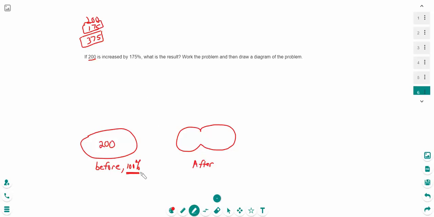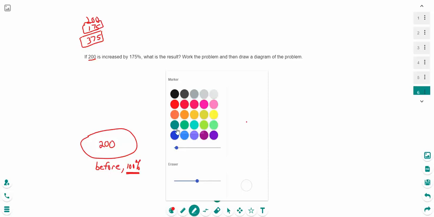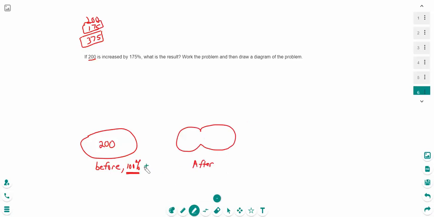So we are increasing this 100% by 175%. So what's this after bubble percentage? This after bubble percentage now is going to be 275% of the original number.